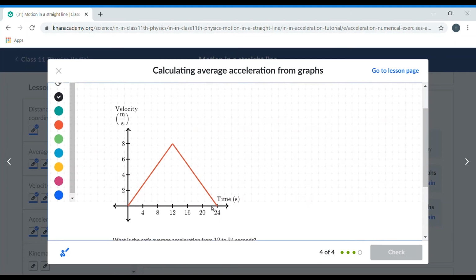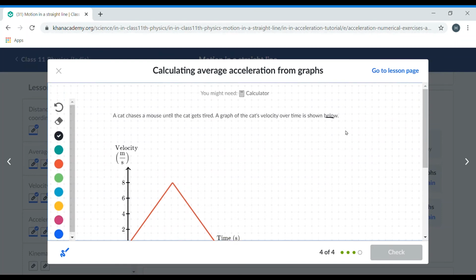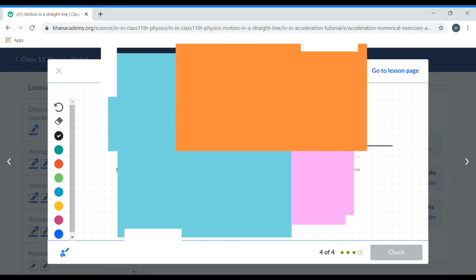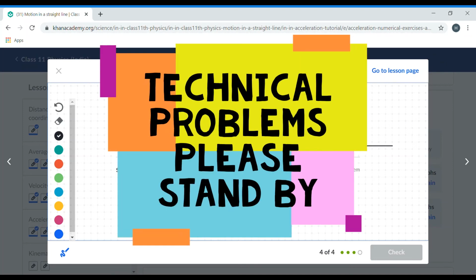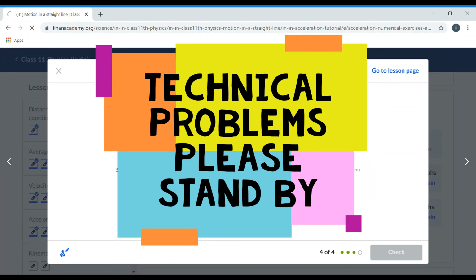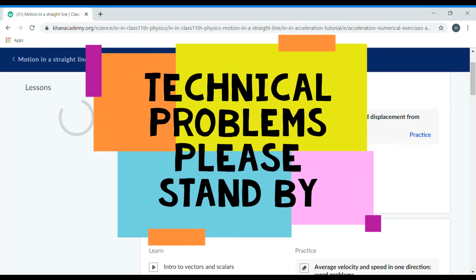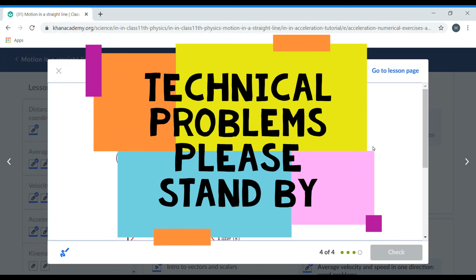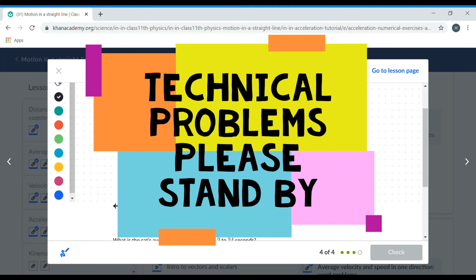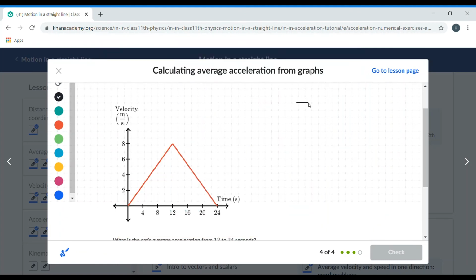So from 12 to 24 seconds, its initial velocity was 8 meters per second and final velocity was 0 meters per second. So 0 meters per second minus 8 meters per second is minus 8 meters per second over change in time, which is 12 seconds.